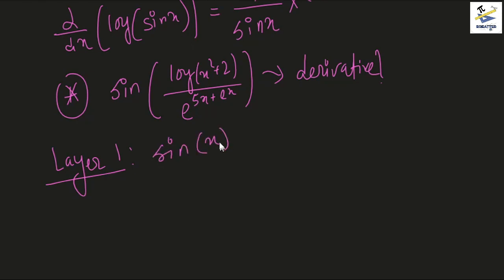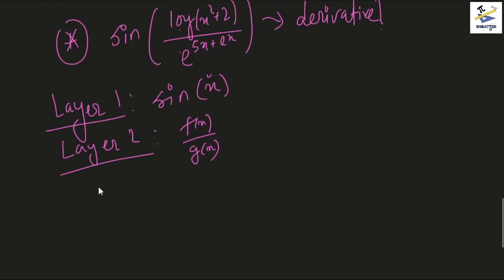Sine and some x inside it, which we are going to pretend is x. Layer 2 is of the form f(x) by g(x), which we learned before. The derivative of two functions can be evaluated how?